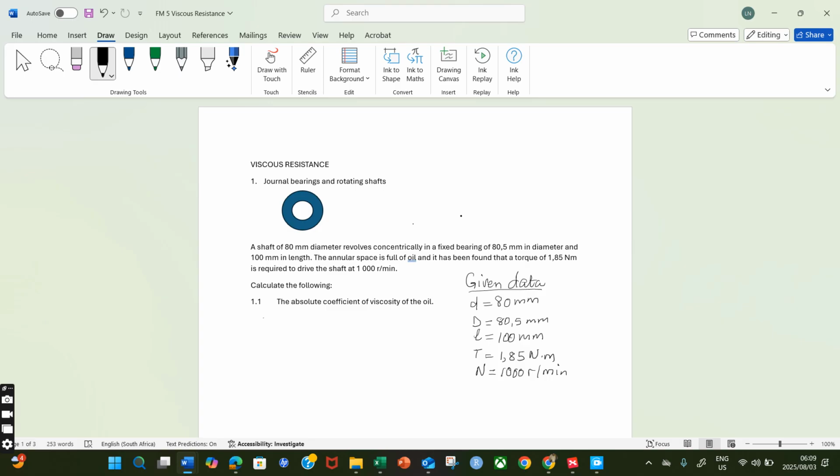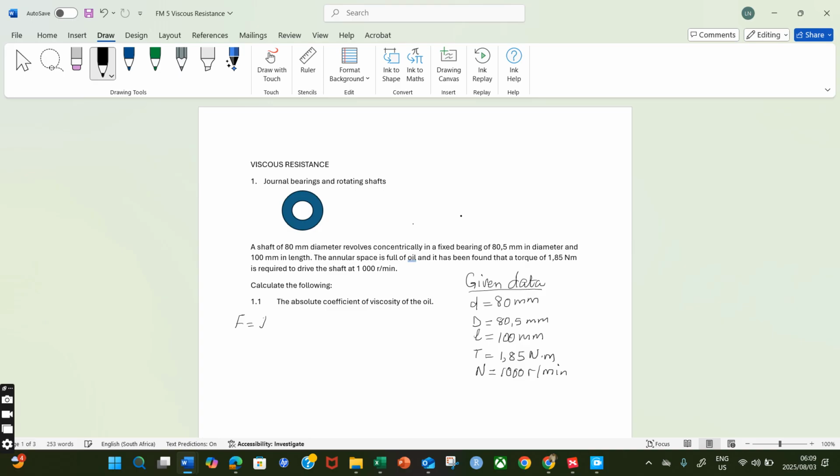All right, now the first question is we must calculate the absolute coefficient of viscosity. So we must look for the formula that involves the absolute coefficient of viscosity that we're going to use based on this given information. All right, we have the formula for the viscous force.